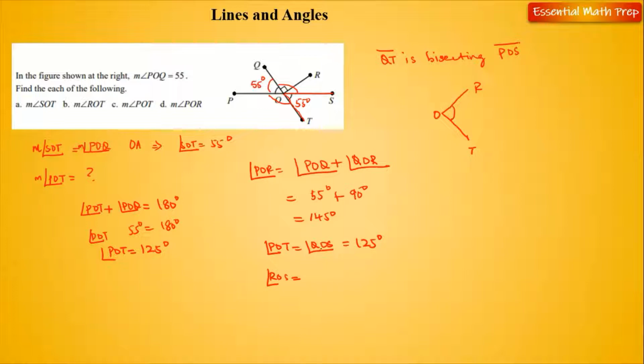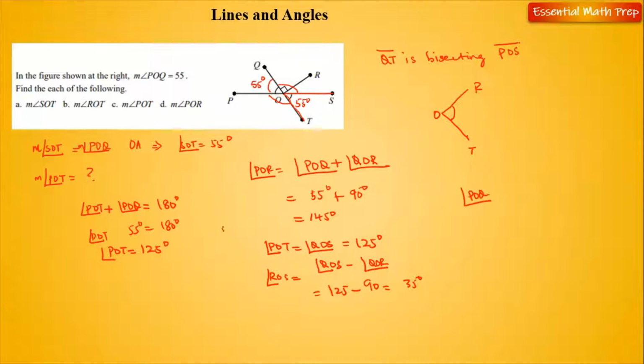That would be angle QOS, minus angle QOR. That'll be 125 minus 90, that'll be 35 degrees. So this is one way of finding ROS.